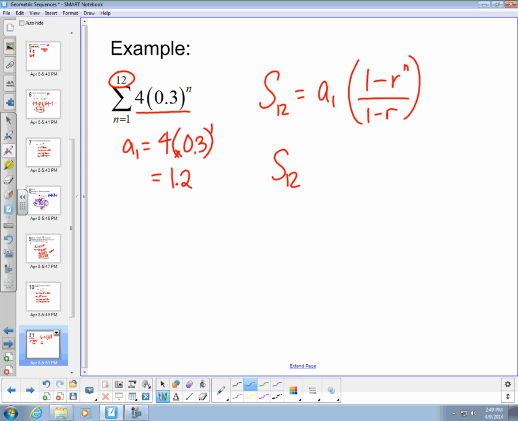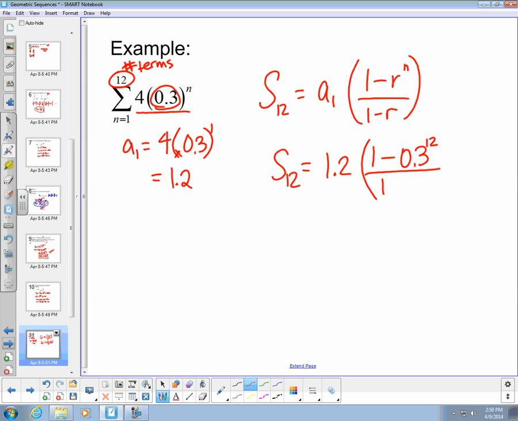So the sum of 12 terms is 1.2 times 1 minus, our r is always the number raised to the power. Okay, so 0.3 is the r. And then n, again, we said was 12 because the top number tells us how many terms we're adding up if I'm going from the first term to the 12th term.